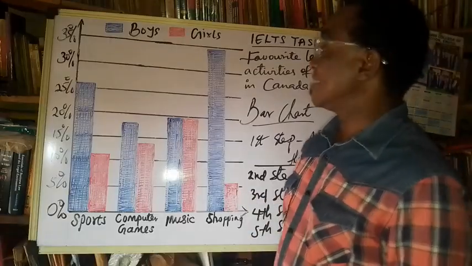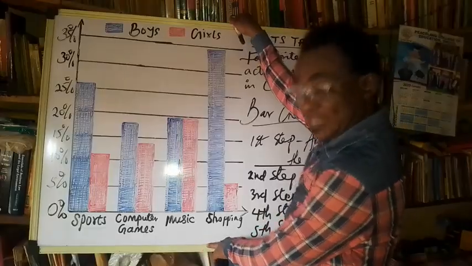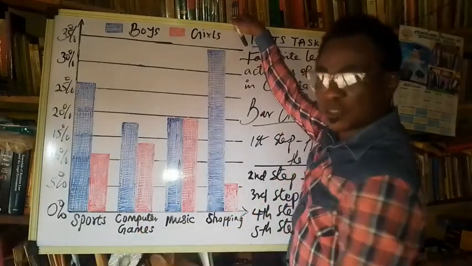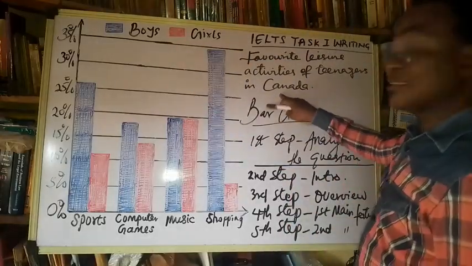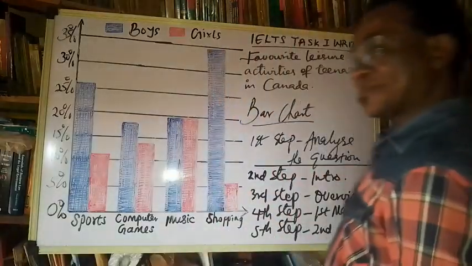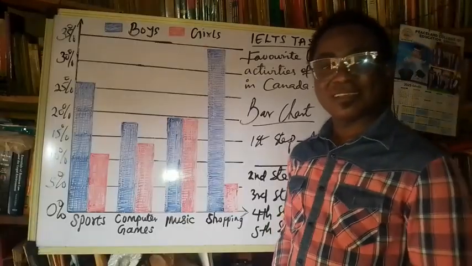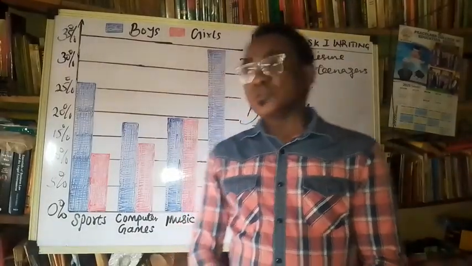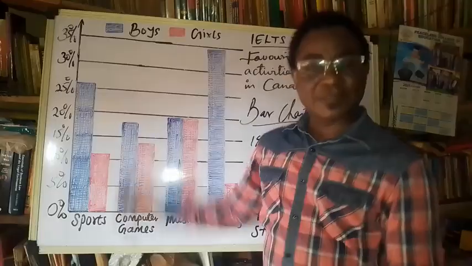So we can see that shopping enjoyed the greatest percentage of patronage among the four leisure activities that teenage boys and girls engaged in Canada. That is the analysis that we are talking about. With this analysis in mind, we can now proceed to putting the report on this statistical model in writing.